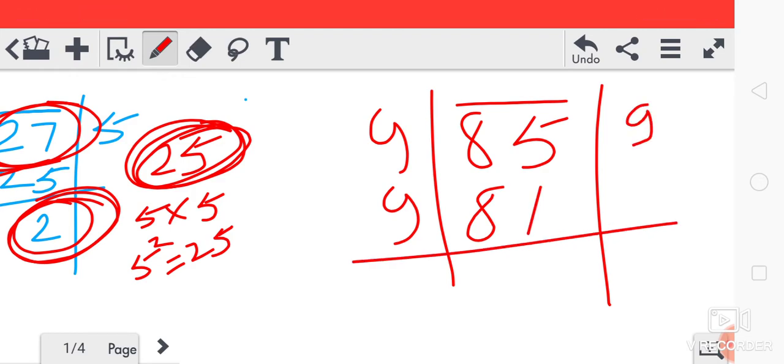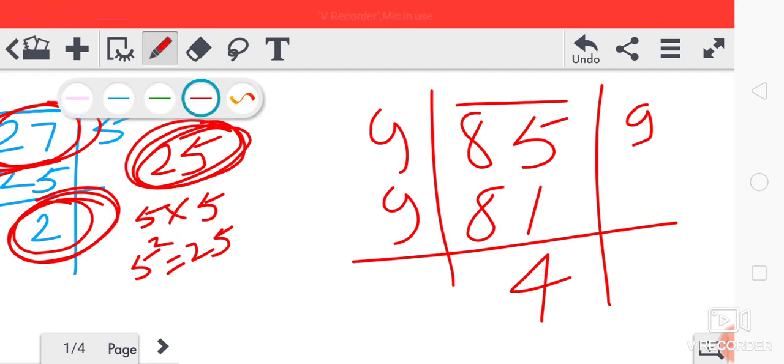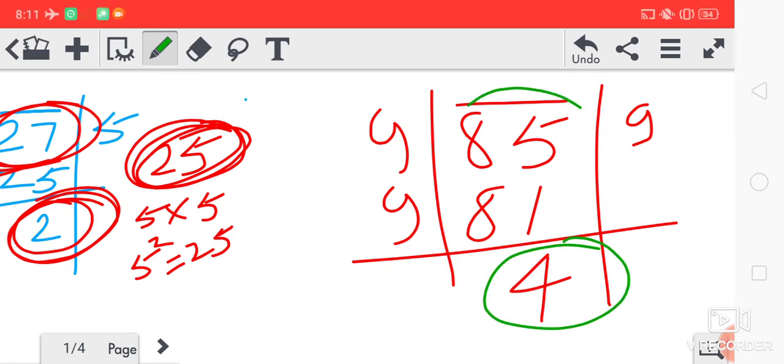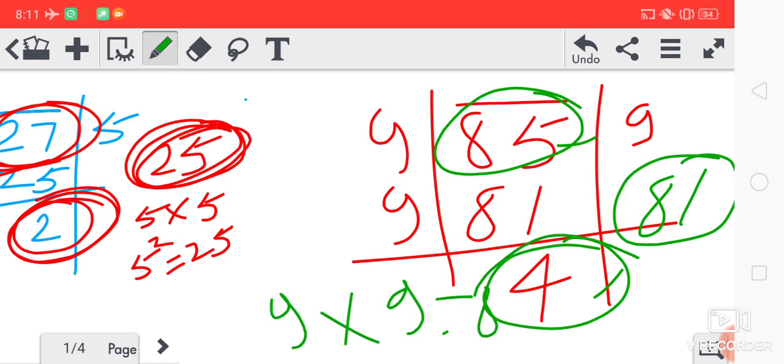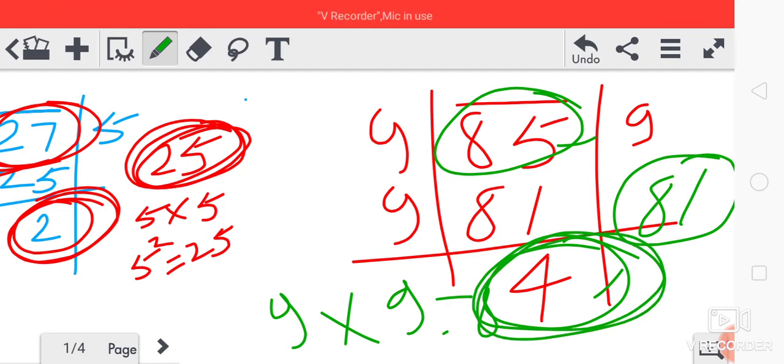Now what is our remainder? 4. So if we subtract this 4 from 85, how much will it become? 85 minus 4 will get how much? 81, and 81 is a perfect square. 9 9s are 81, we get or not? So what we have to subtract? Whatever remainder we are getting.